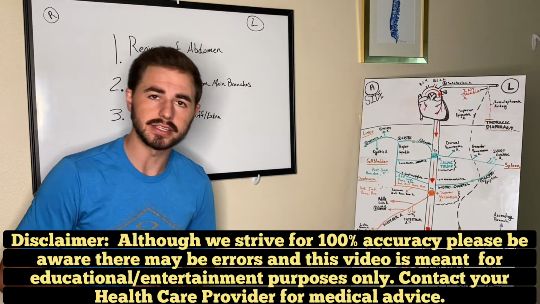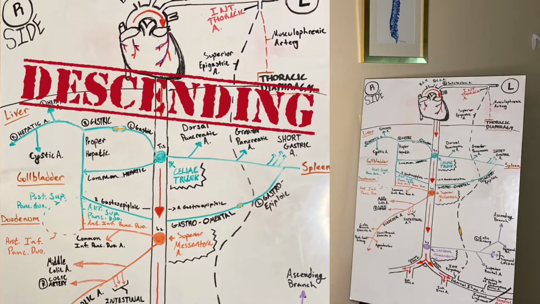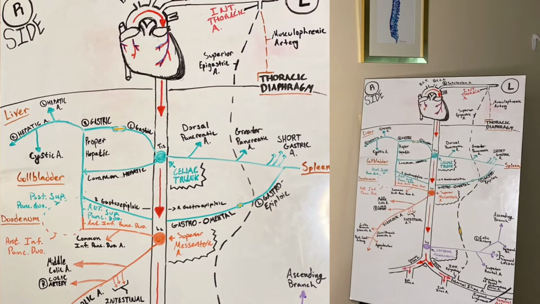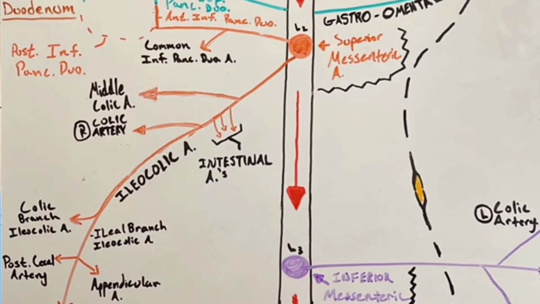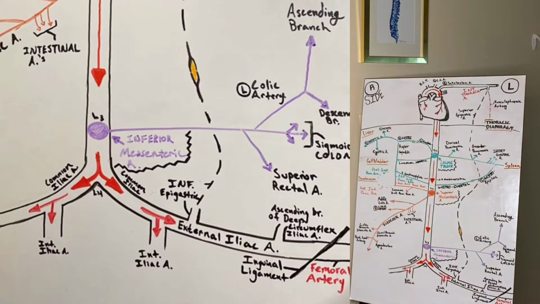So let's start this, and let's just put a big picture up. What you're looking at right now is the descending aorta as it comes behind the heart from the ascending aorta. You're seeing I have the celiac trunk highlighted in blue. I have the superior mesenteric artery highlighted in orange, and then down towards the bottom is the inferior mesenteric artery highlighted in purple.